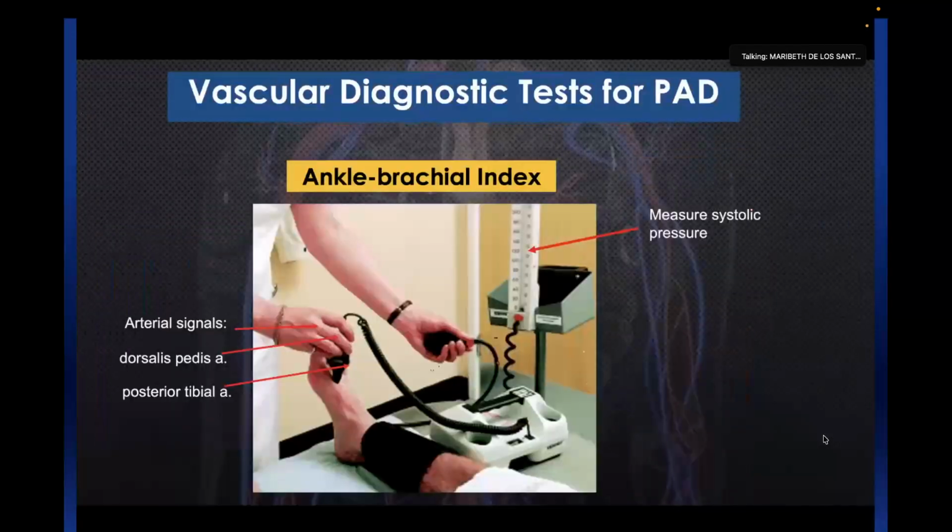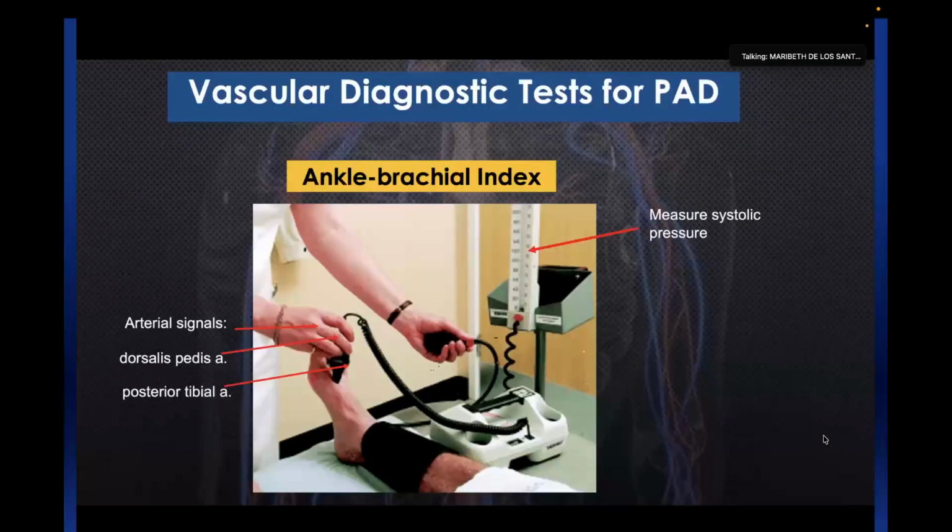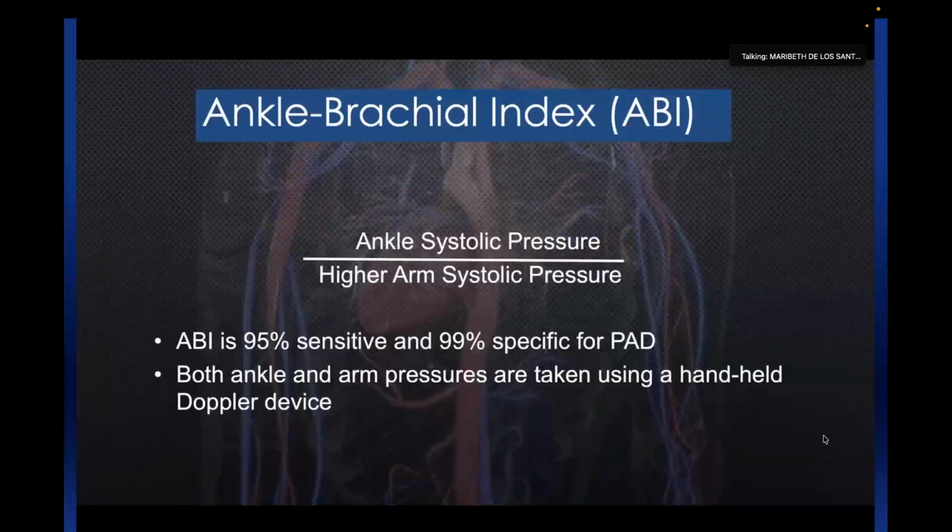And so, when we talk about PAD, we talk about ABI, or ankle brachial index. The ankle brachial index, or ABI, is the screening test for the presence of PAD. Using a handheld Doppler, the systolic pressure of the ankle, using either the dorsalis pedis artery or the posterior tibial artery, whichever is higher, is divided by the systolic pressure of the brachial artery.